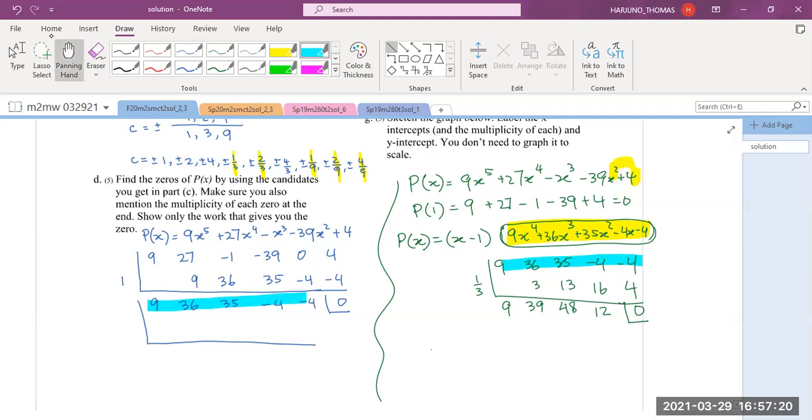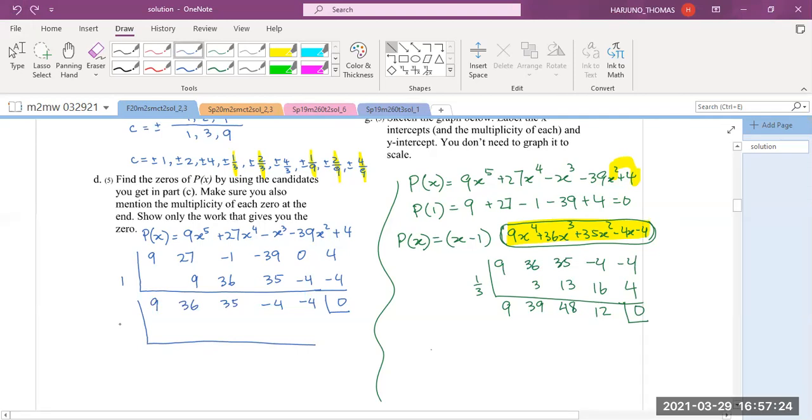Now then, I divide by x minus 1/3. I get that.